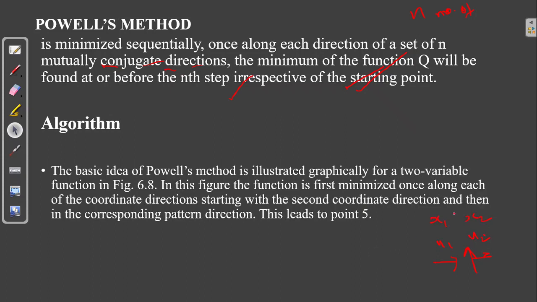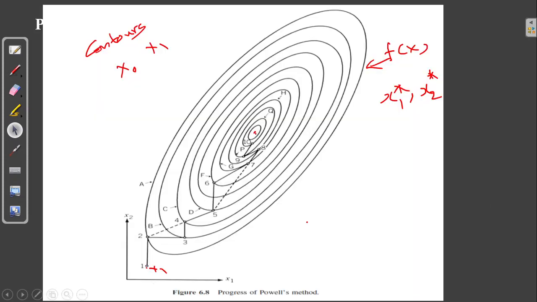And then the corresponding pattern direction also. First we have x1, and we will continue the search in the x2 direction, that is u2. We will get a plus direction or a minus direction.